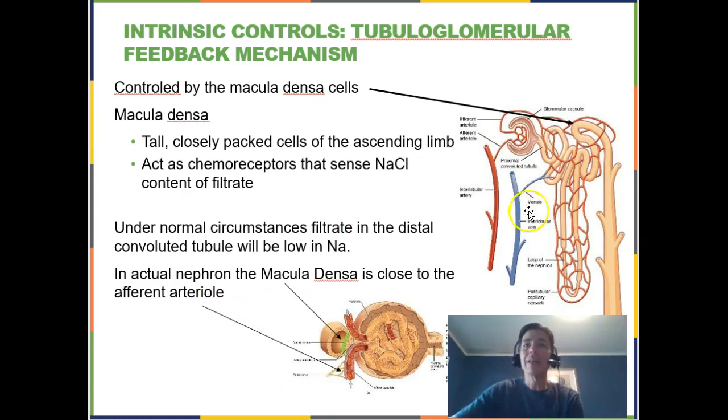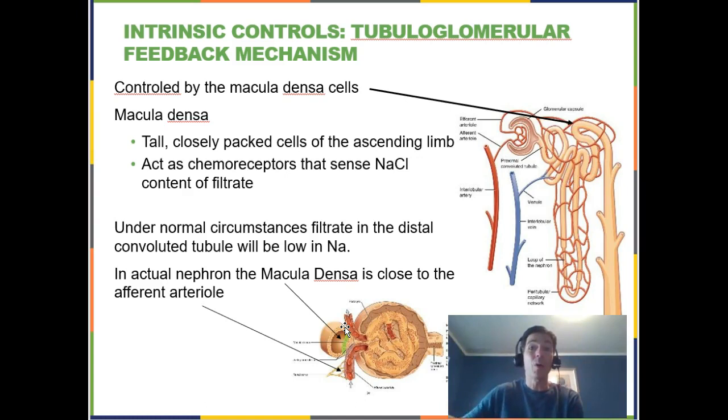And I forgot to mention, the way they have this drawn here, it looks like the distal convoluted tubule is far away from the glomerulus, but in actuality, in most of your nephrons, the distal convoluted tubule is right next to the glomerulus.